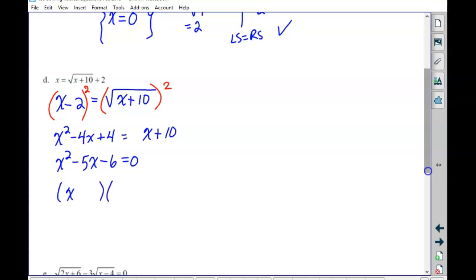Okay, and then we can factor. So factors of negative 6 are negative 6 and 1 that add to negative 5.